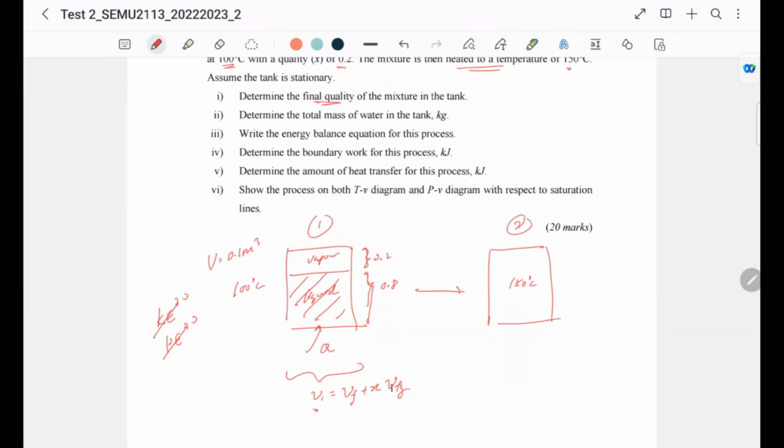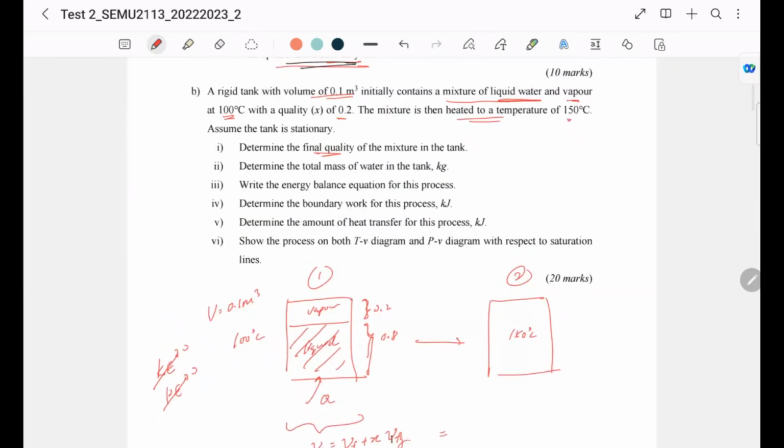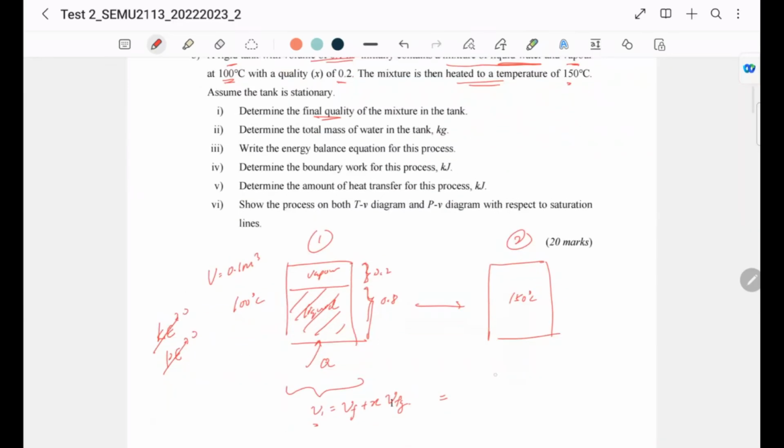And state number 2, the reason being is because it's a constant volume. It's a solid tank. So therefore, v1 equal to v2, specific volume. Once we calculate this, we know this.